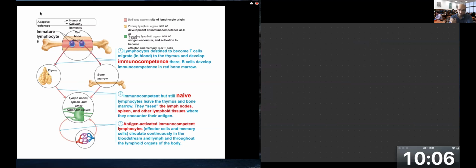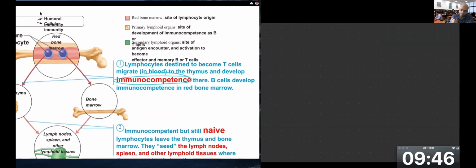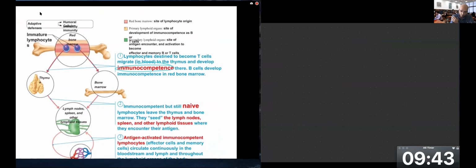Right? So here, those are immunocompetent cells. They did receive their education. They've learned, they graduated, but they don't have any experience. We call those cells naive cells. They are still naive.